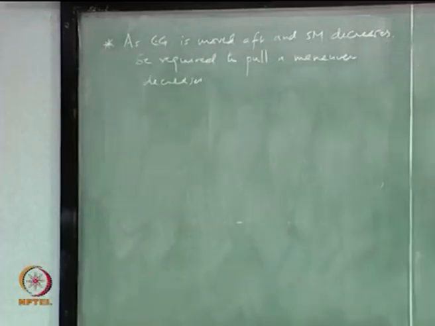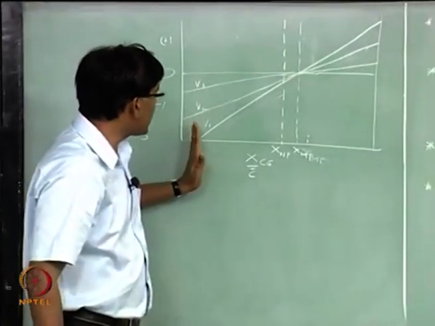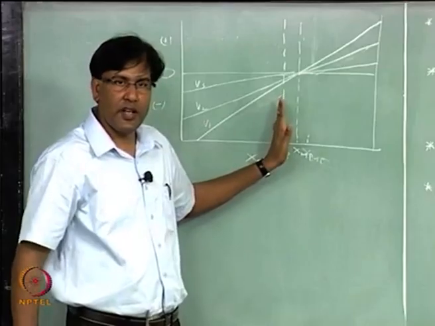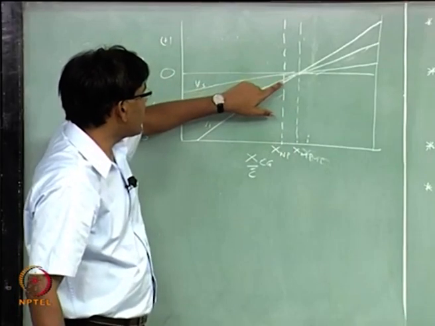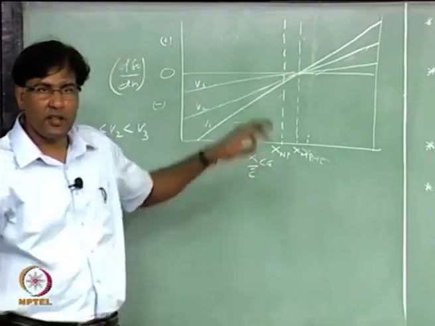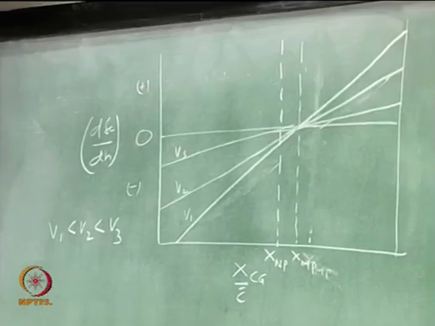Yes, so take any trim speed and you are moving your XCG towards XNP, right. So, this curve is coming closer to this 0 line, right. So, the elevator requirement is actually decreasing.